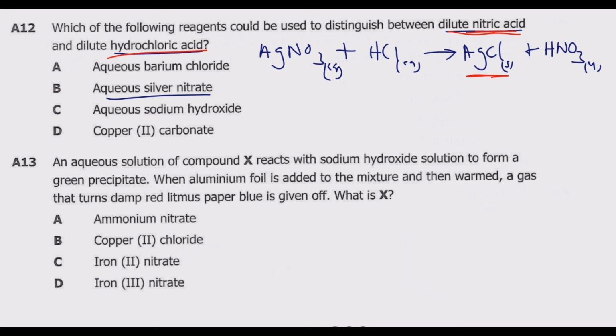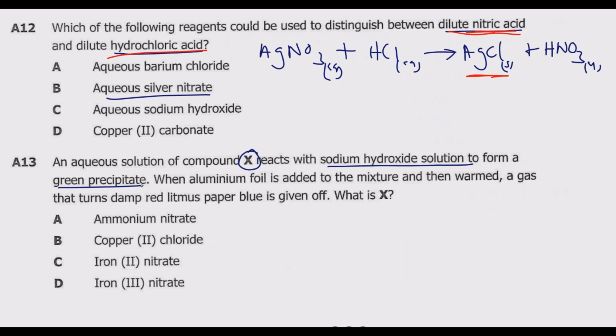So we have sodium hydroxide solution, we are adding to X, and we are trying to identify what X is. Then this forms a green precipitate. So a green precipitate is an indication that we have iron 2 cation in X, because sodium hydroxide solution is used to distinguish between solutions containing iron 2 cations and solutions containing iron 3 cations.